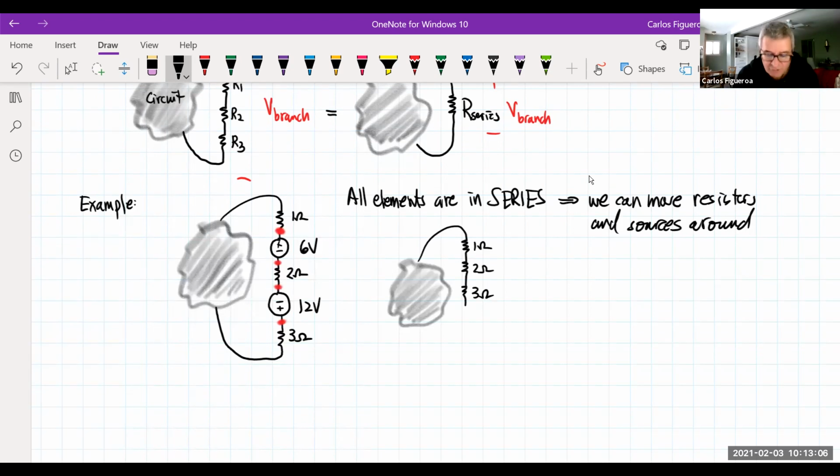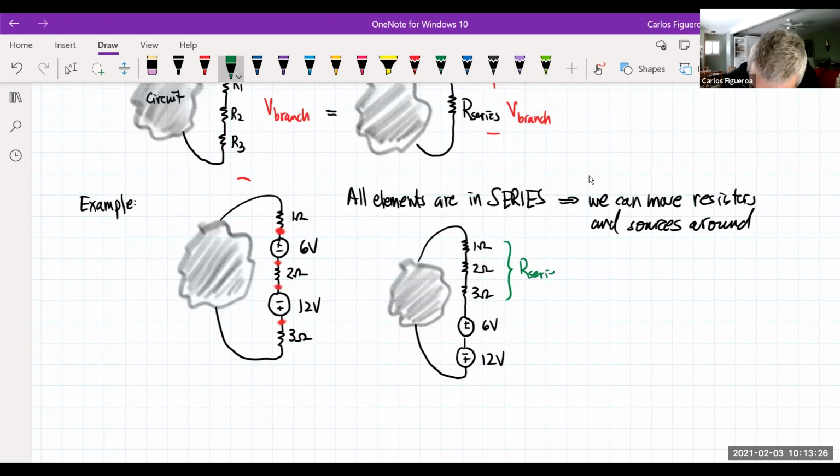That's an equivalent of doing that. Now I can take my two sources and I can put them right next to each other. And so I have 6 volts here and I have 12 volts here. So then, because these guys are in series, you could see that the series resistance in this case is then, of course, 1 plus 2 plus 3, which gives you 6 ohm.